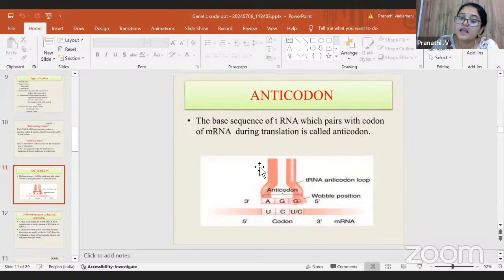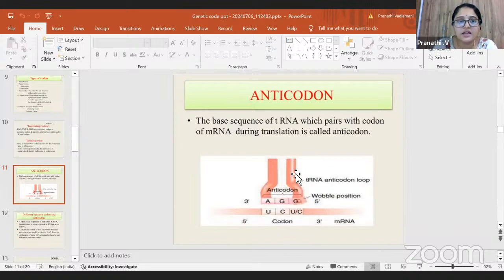Base sequence again. You have many kinds of RNAs present: mRNAs, tRNAs, rRNAs. This is the base sequence present in each pool of tRNA. One tRNA can have an anticodon like AGG, or UAG, or AUC.